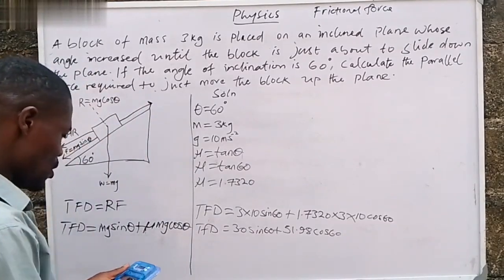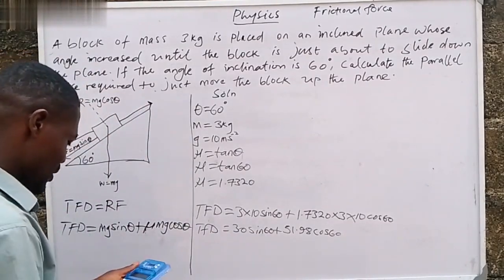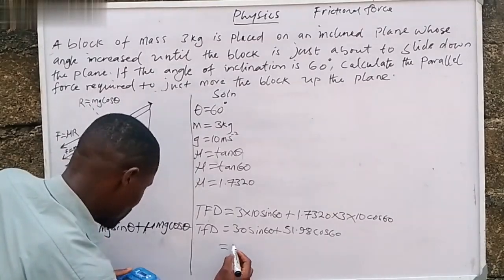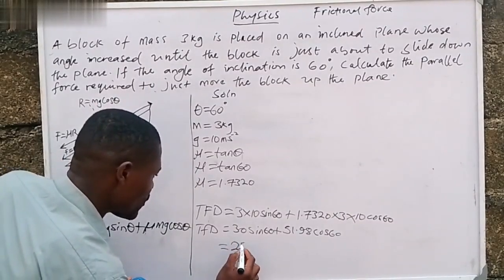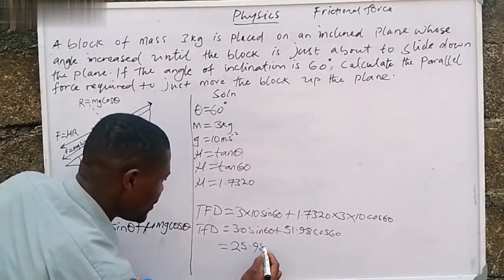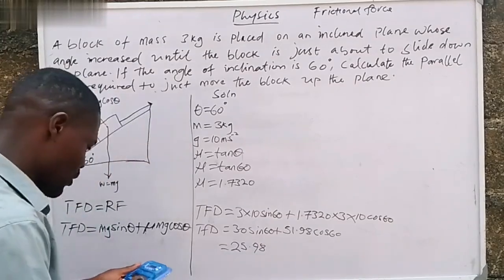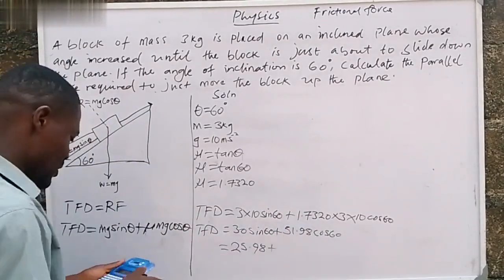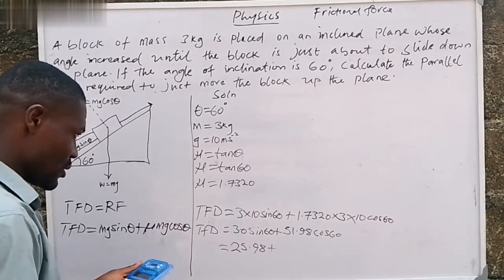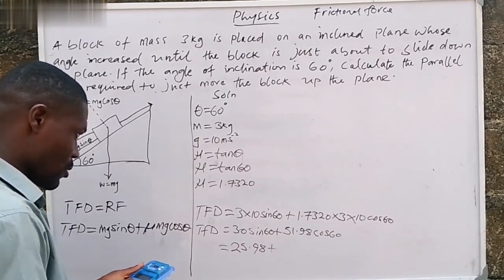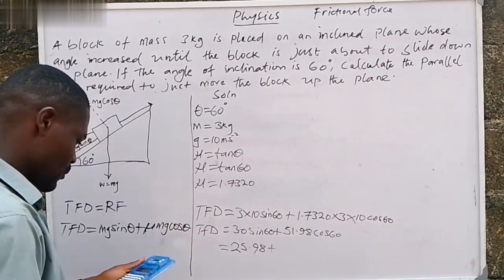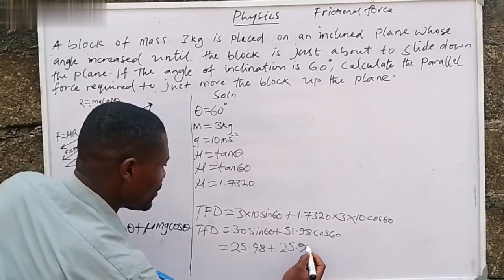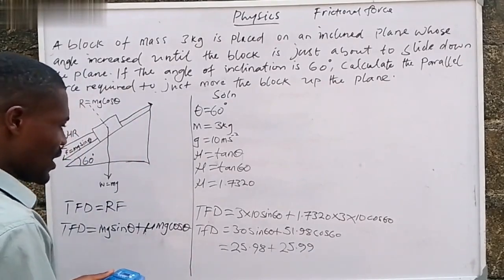So 30 sine 60 is 25.98, and 51.98 cos 60 should give us 25.99, right?